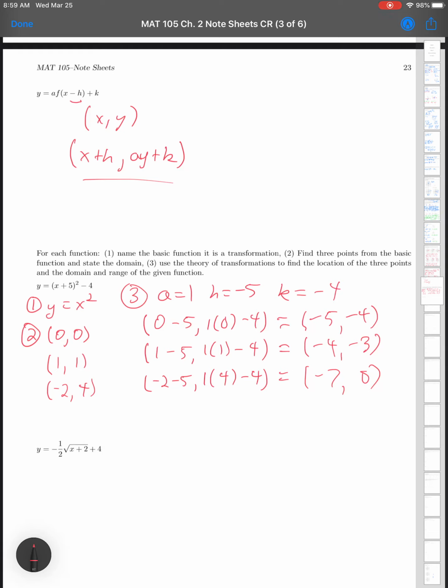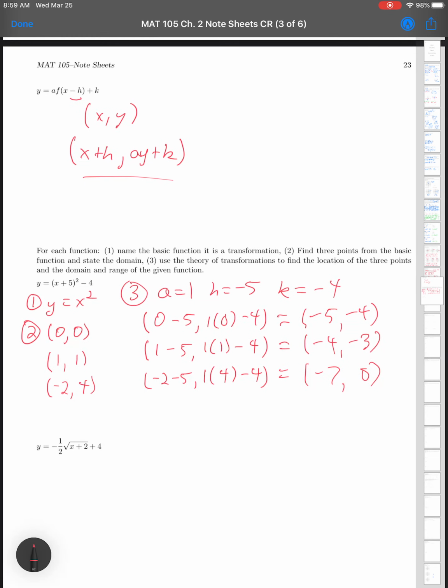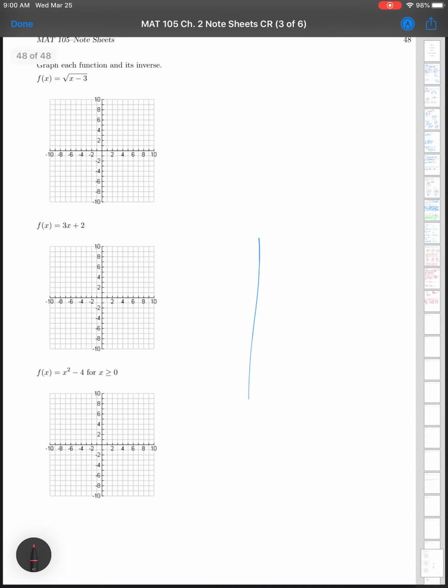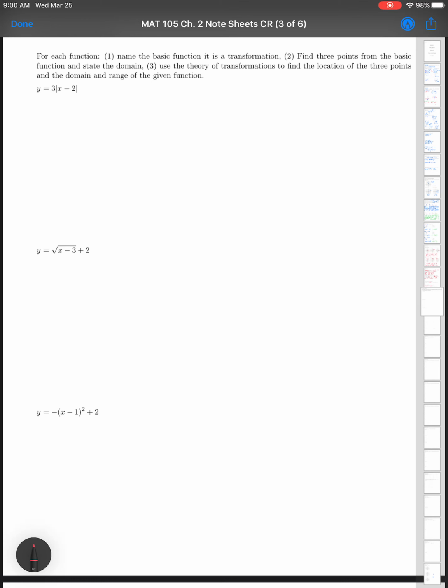Now the domain works in kind of the same way. So to find the domain and the range, for the domain, what you want to do is take any endpoints and add h.